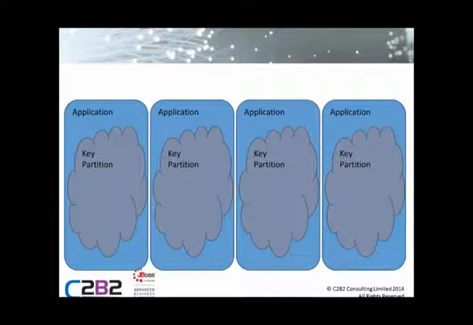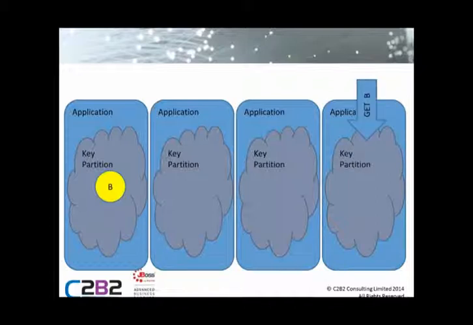So what JBoss Data Grid does is it splits the key space into a number of partitions and spreads them across a number of JVMs. For example, in this slide we have 4 JVMs. When an object is put into the cache using a key, for example key B, that object will just reside in one node.